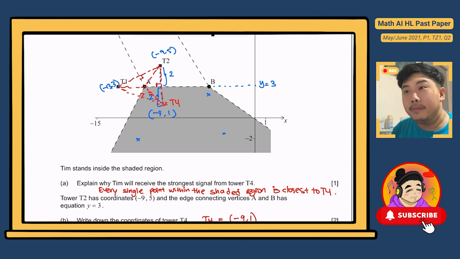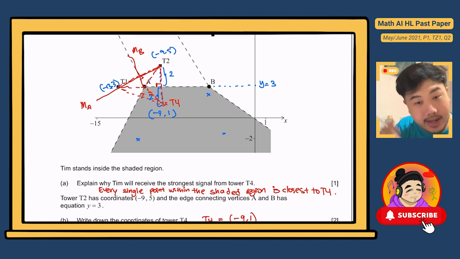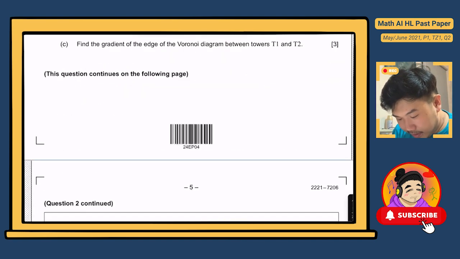And this is very important because if it's an isosceles triangle, that means there is a perpendicular line. We're trying to find the gradient of the edge that separates T1 and T2. And for us to do that, we must first find the gradient of T1T2. So for the sake of simplicity, let's say T1T2 has gradient MA. What we're trying to find is gradient MB. So let's go to the next page.